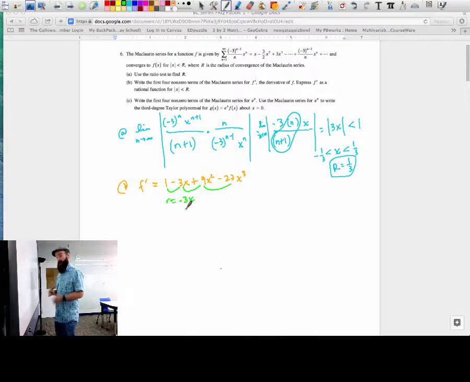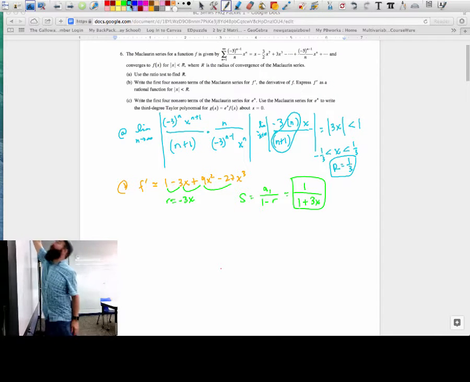And since this is a geometric series, we're assuming that the absolute value of x is less than r, so it's in the interval of convergence. So that means the sum of this geometric series, of which this is the formula, could be written as a function. You can write it as one thing. The first term in this series is 1, and 1 minus r, so that's 1 minus negative 3x, which is 1 plus 3x, and that sum comes out as a rational function, with the 1 plus 3x in the bottom.